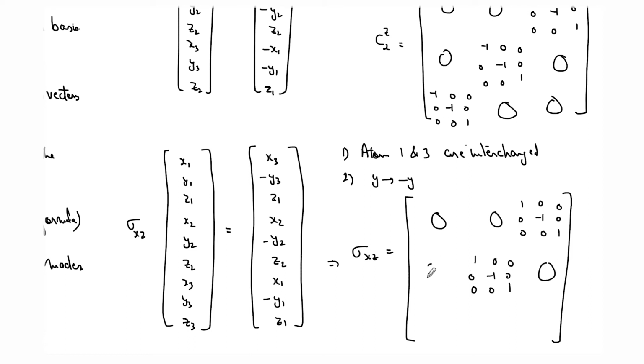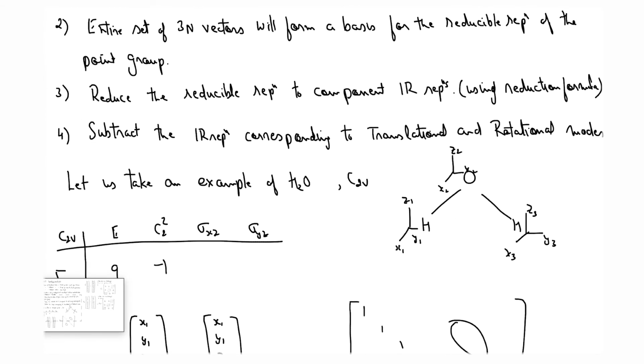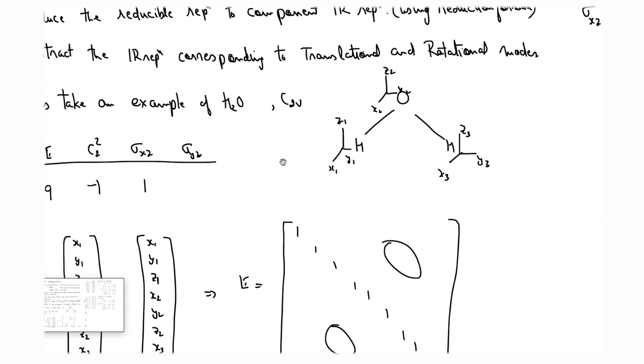So this block is 0, this block is 0, this block is 0, 0. x3 and x1 are interchanged, so I will have 1, minus 1, 1. But again, the trace is contributed only by the atom which is not moved, so I will have plus 1 as the trace now. And we are working with only trace, right? So that's why we want to know what is the trace over here.